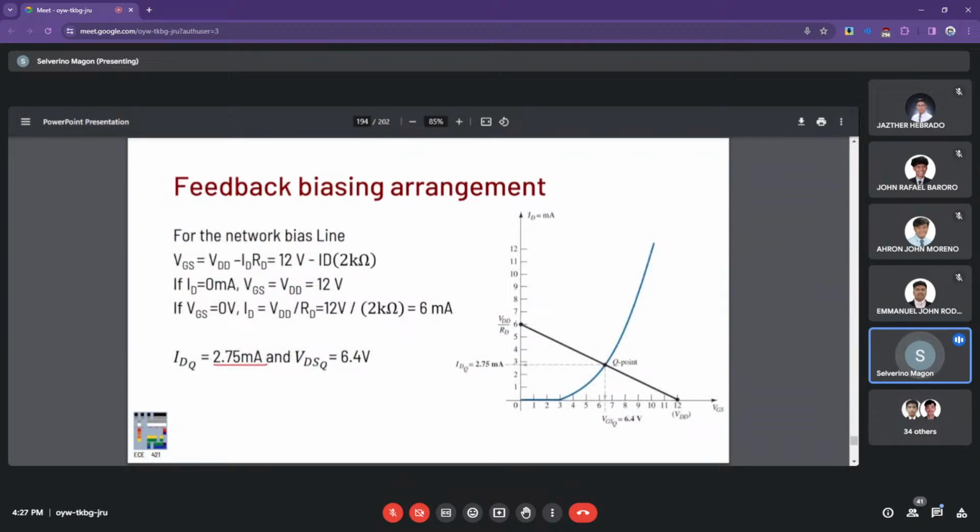Now, for the load line analysis, we have to solve for conditions of ID zero. So at VGS zero, we have ID at 6. It was defined in the problem. And for ID zero, we have VGS at, what's that?